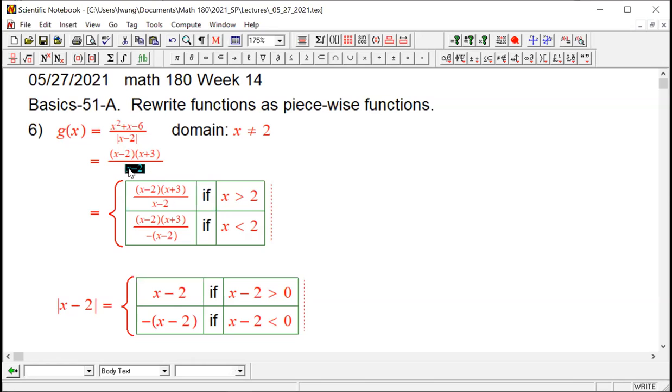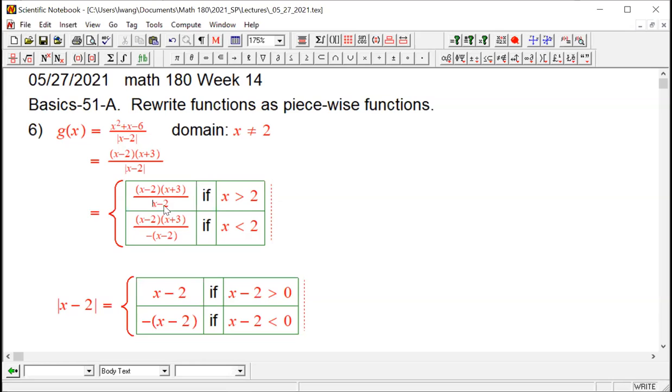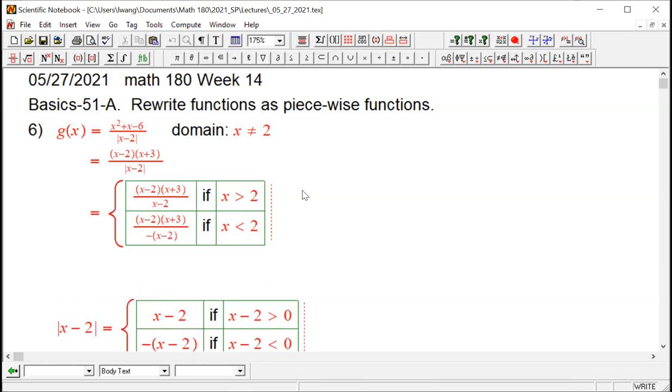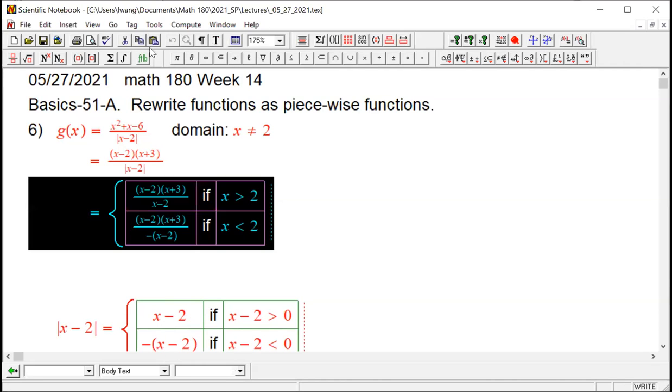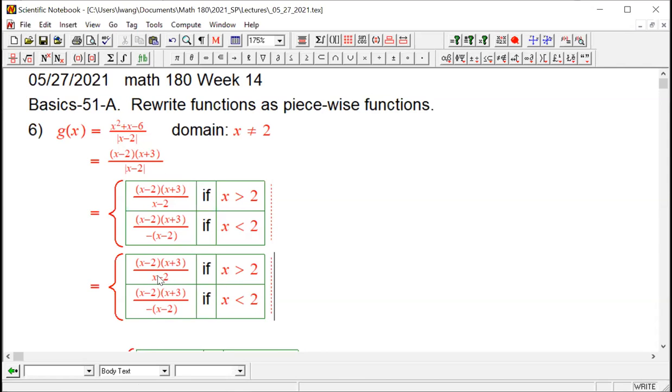You use this absolute value for the denominator part. The denominator has two branches, so you have those two branches set up exactly the same. The rest is just reducing it. x minus 2 over x minus 2 reduces, so you have x plus 3.